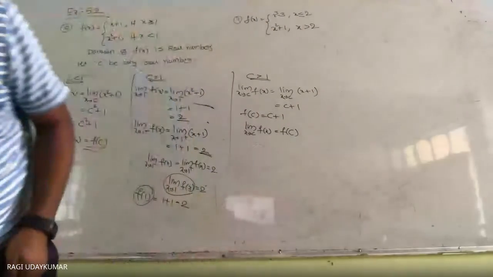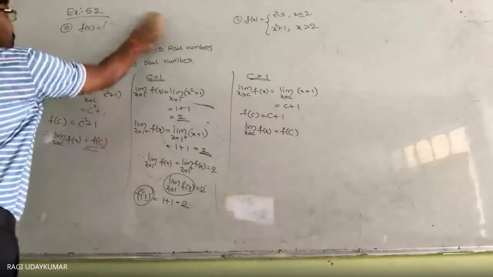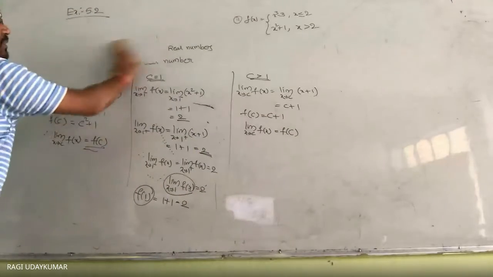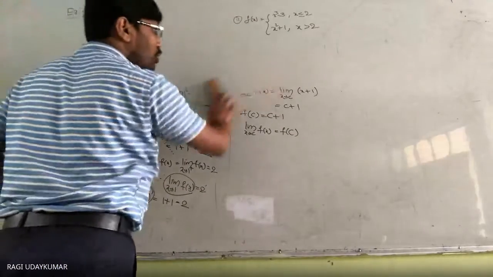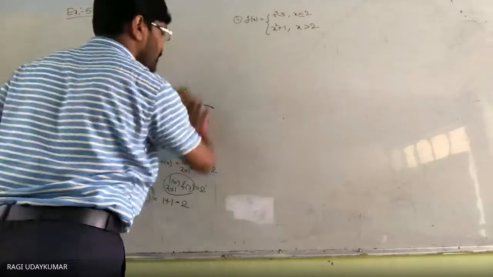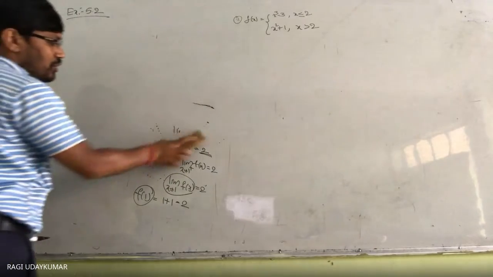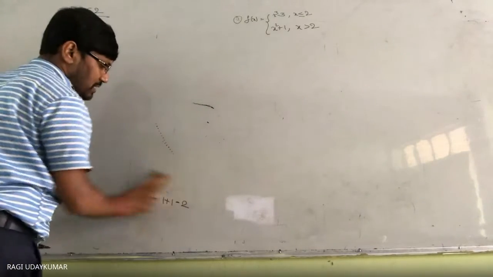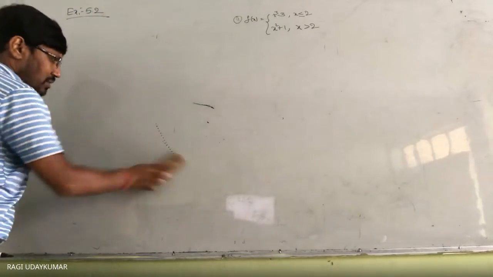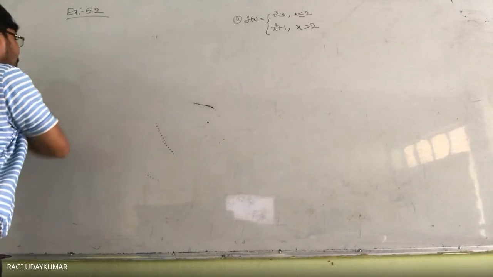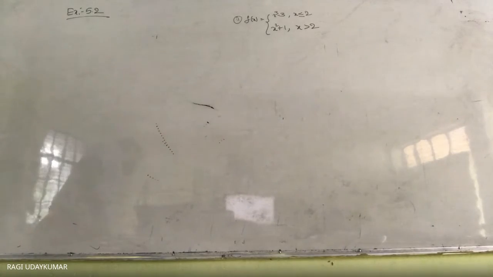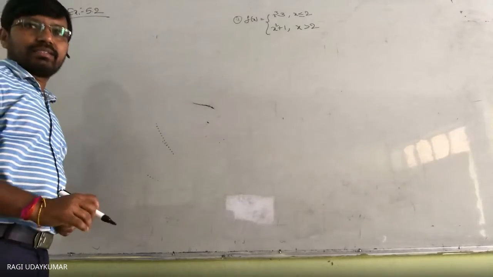What to do here? This function, whenever you take at the 2, you need to get the left hand limit and right hand limit. Less than 2 it is continuous, greater than 2 it is continuous. Less than 2 का केस में continuous है, greater than 2 का केस में continuous है. Okay, in both the cases it is continuous.